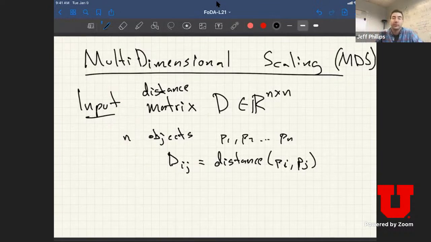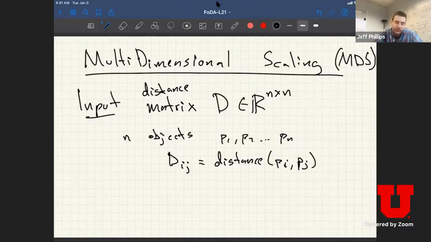It could be some sort of Euclidean distance. It could be like one of these L1 distances we talked about, or it could be we're just presented this. It could be that this distance is actually not given as a matrix, but it's given as like a function, right?